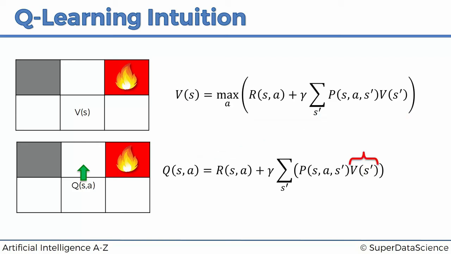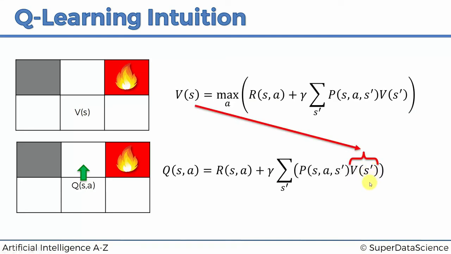We're going to take this V of the next state, and plug it into that formula over here. And as you can see now, this part doesn't change, this probability doesn't change. But as we just discussed, V of S is the maximum over all actions of Q of S and A, right, over here. So that's what we're going to replace in here. We're going to say a maximum, of course, over the new action, the action that we're going to take, because here we've got V of S prime.